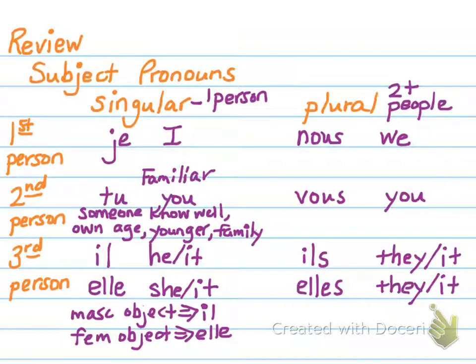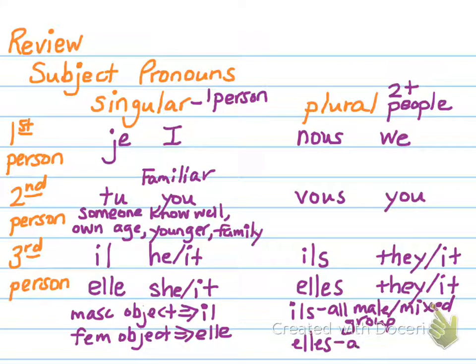So again, I use the ils for an all male or a mixed group. I use the elles for an all female group. That's the difference between those.